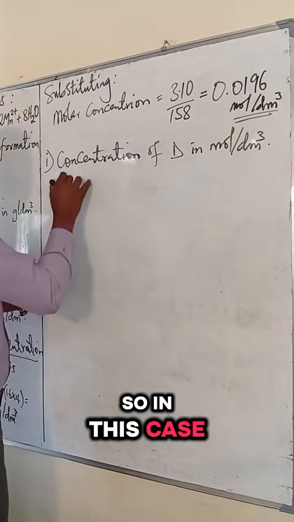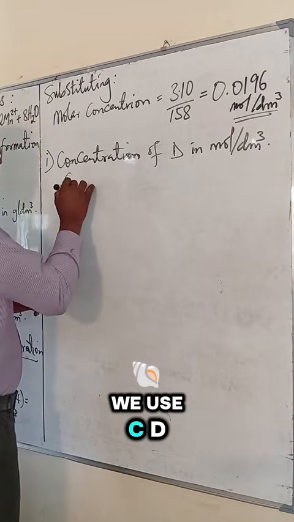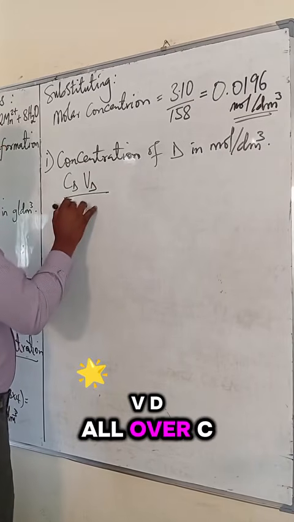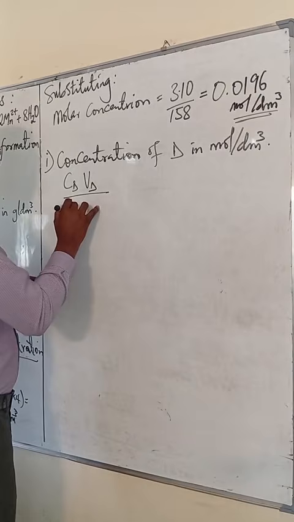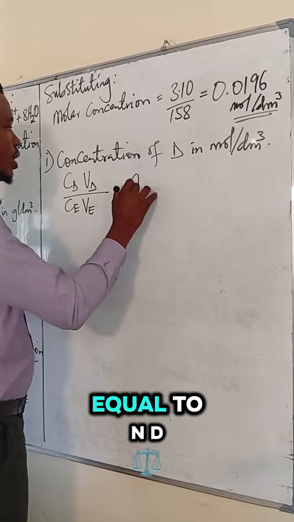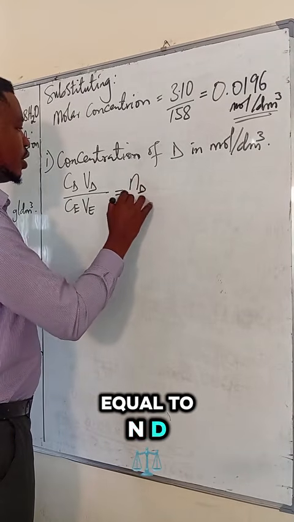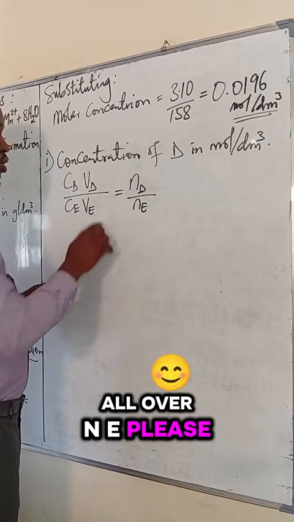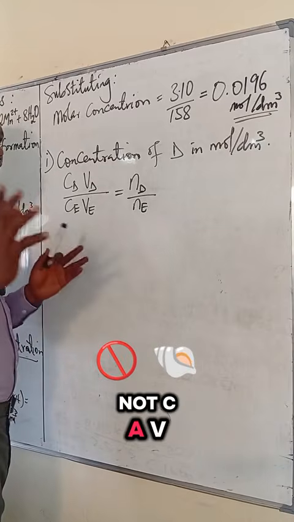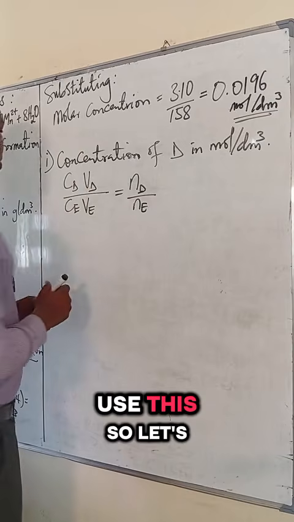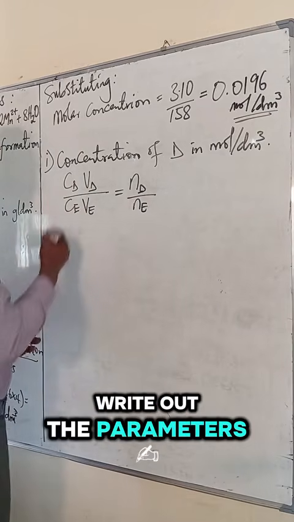So in this case, we use CD VD all over CE VE is equal to ND all over NE. Please use this, not CAVA, whatever. Use this. So let's write out the parameters.